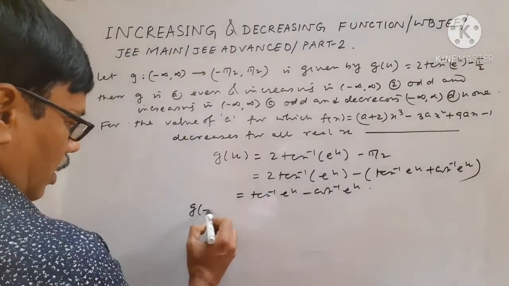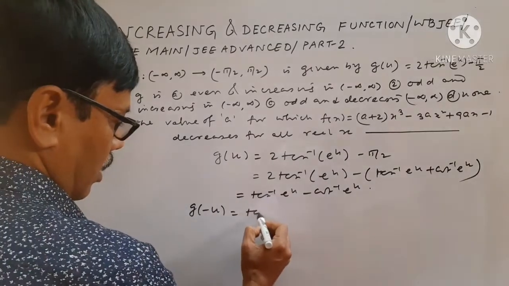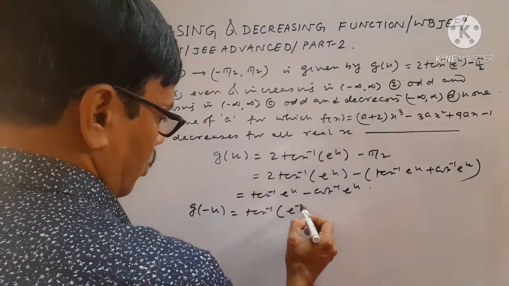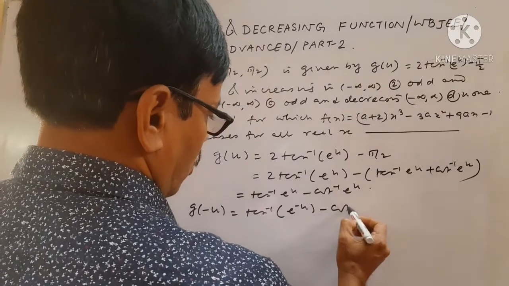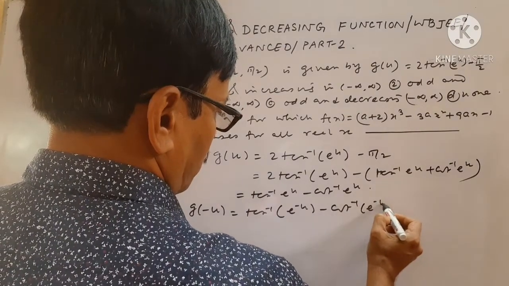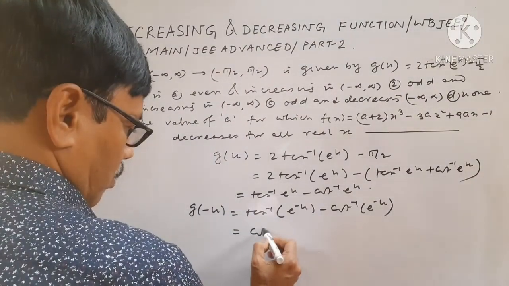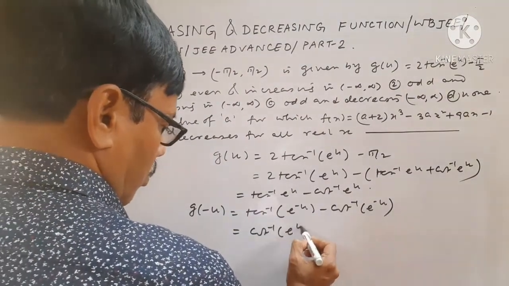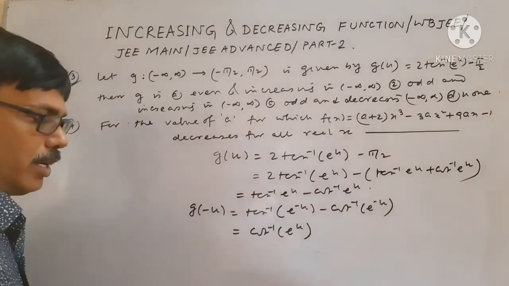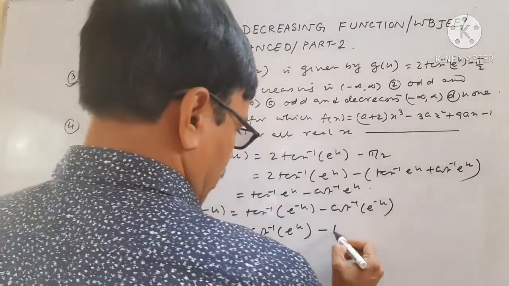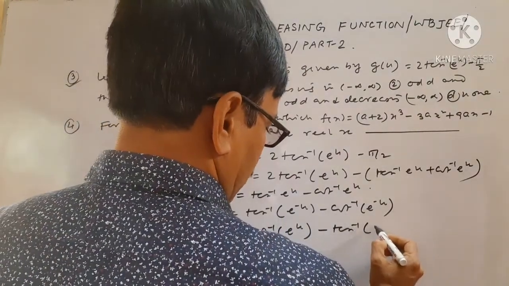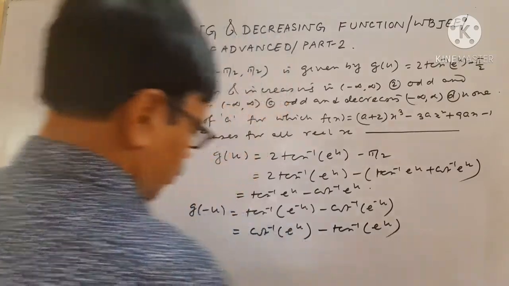Now g of minus u is tan inverse e to the power minus u minus cot inverse e to the power minus u. So this is cot inverse e to the power u, since tan inverse 1 by x equals cot inverse x, and this is again tan inverse e to the power u.